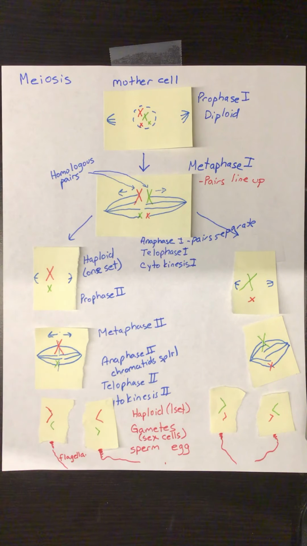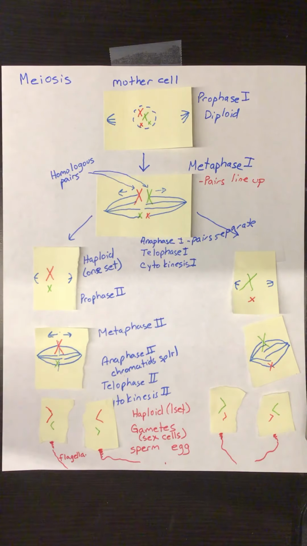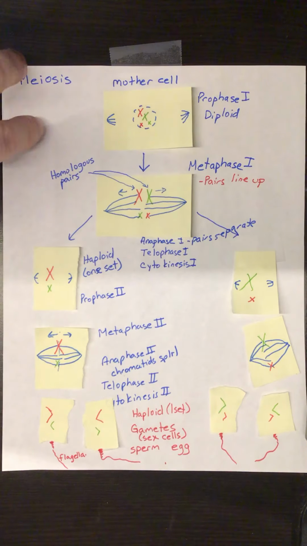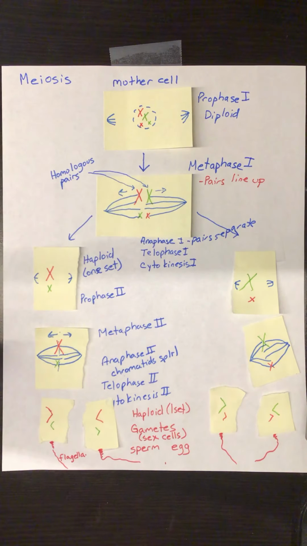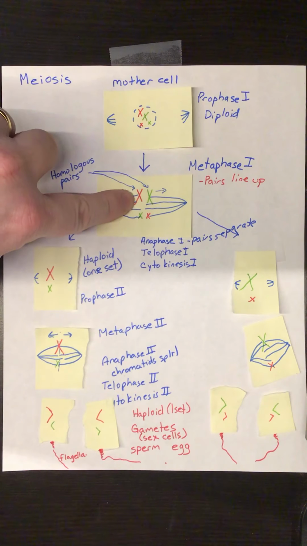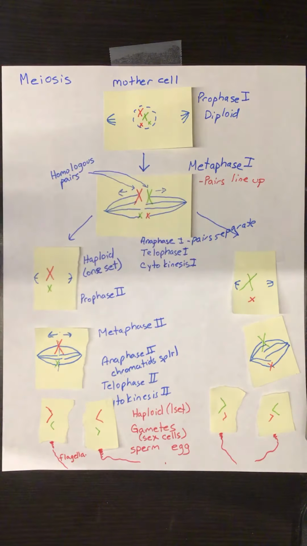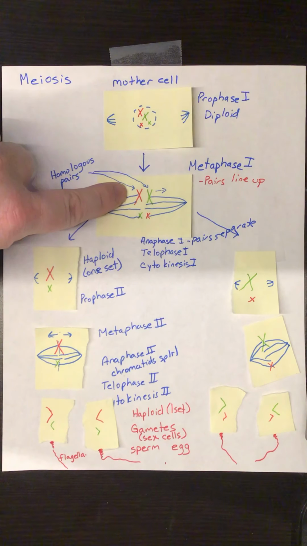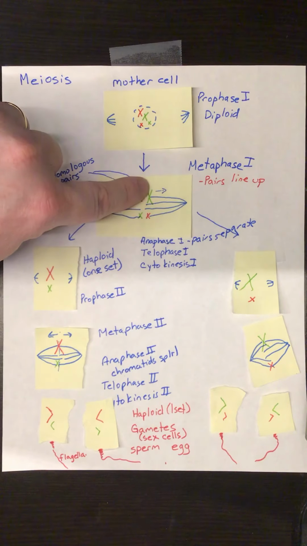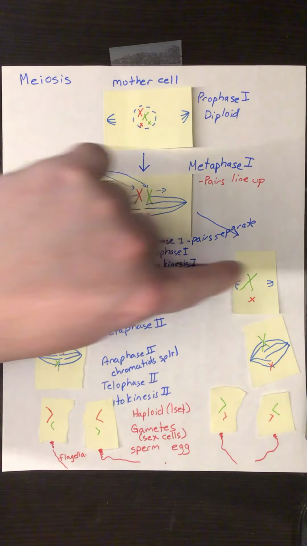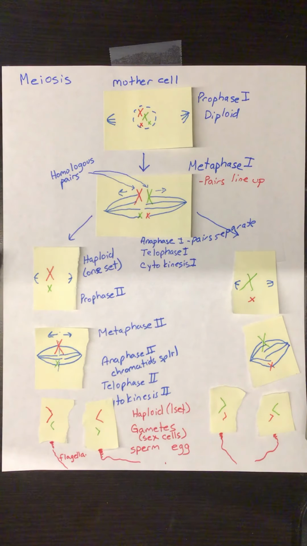So this is meiosis. To recap, what we did is we started with a diploid cell. That diploid cell went through the process of prophase, metaphase, anaphase, and telophase, and split its homologous pairs into two different cells. At this point, we went from having two sets, big red, big green, little red, little green, to only having one set, going from diploid to haploid.